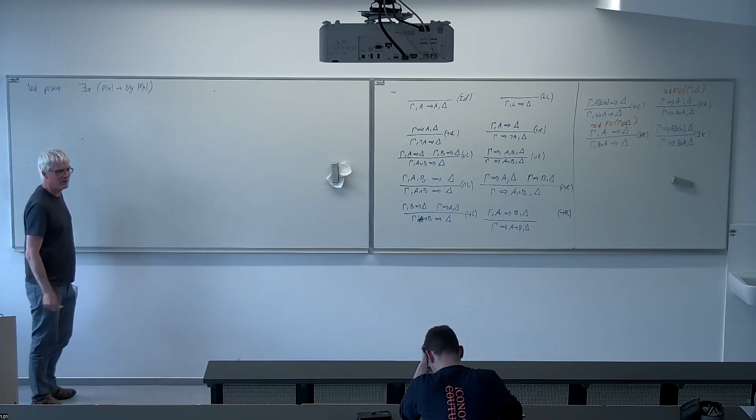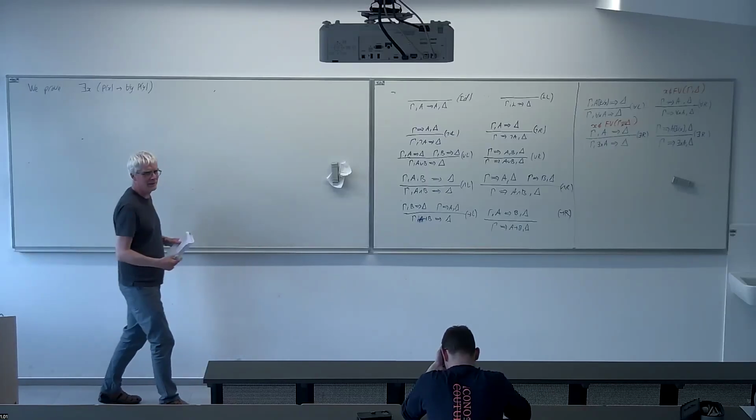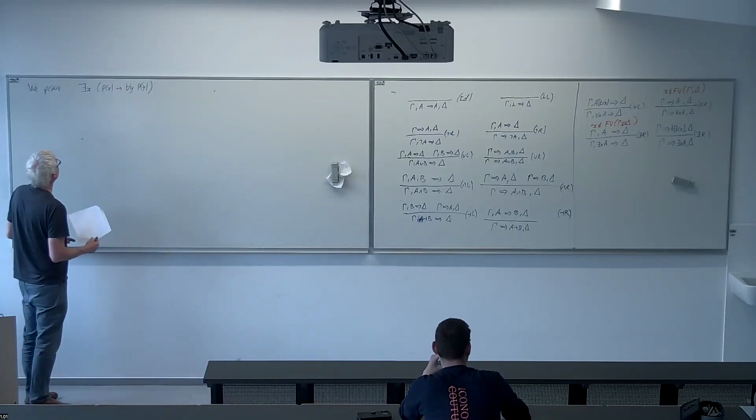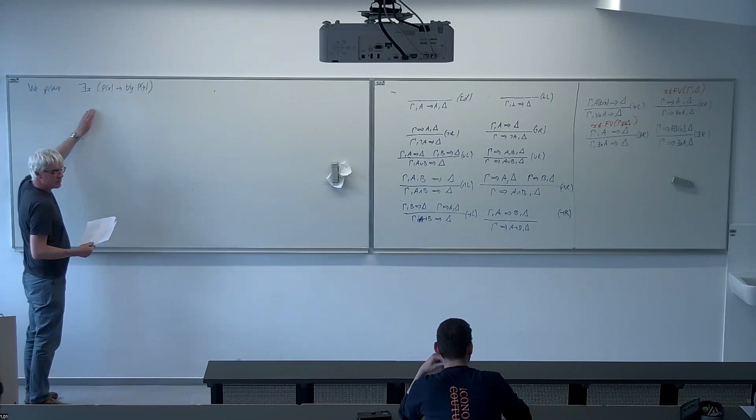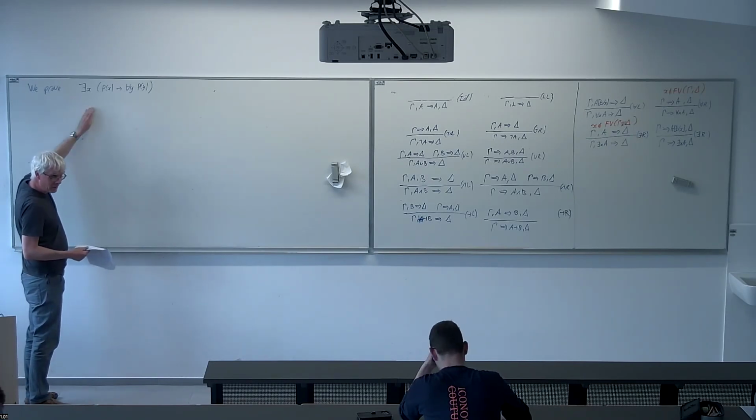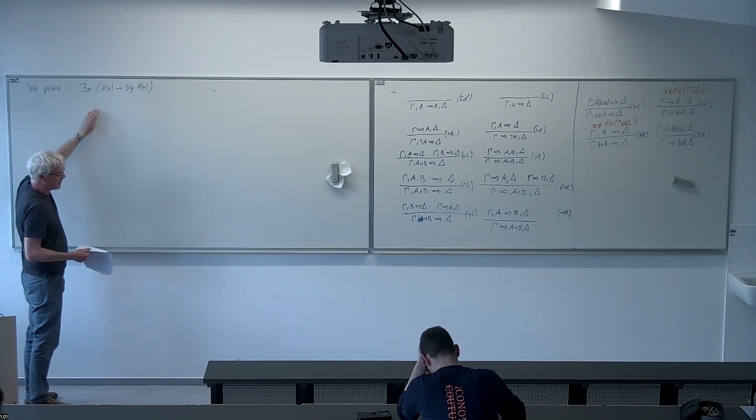So that person is like the life and soul of the party, so to speak. And I want to prove this formula because, you may know this, it's fun to think about why this is valid.